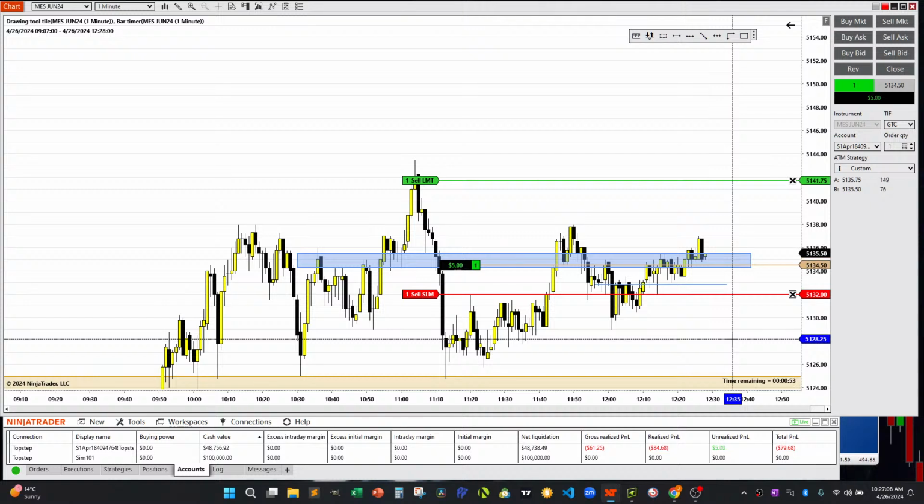A bit more time, because still overall we're looking at an uptrend. Rather shallow.